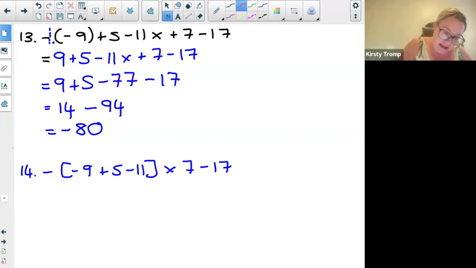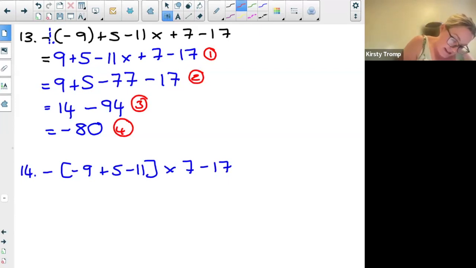If we're going line by line, line 1, line 2, line 3, and line 4, which line are you talking about? Line 1. In line 1, I did -11 times by 7. Is that what you're talking about? The brackets around the negative number, for example, the -9 on the first line.